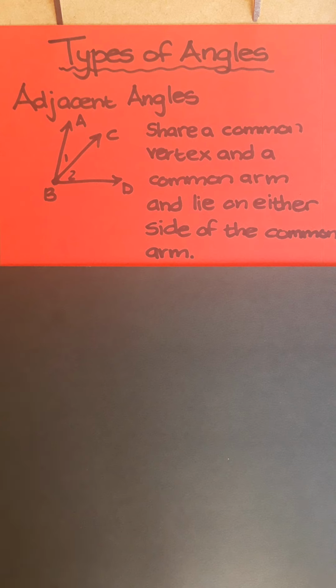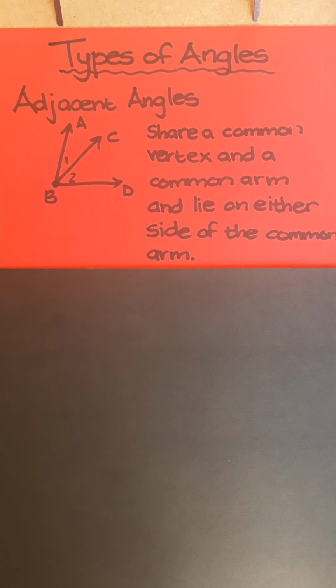We must make mention that B1 and B2 are known as adjacent angles because they share a common vertex, B, and they share a common arm, BC. They also lie on either side of BC, and that's what makes them adjacent angles.